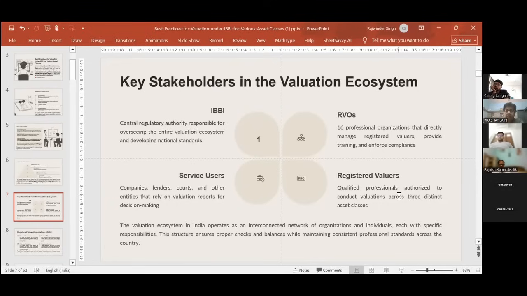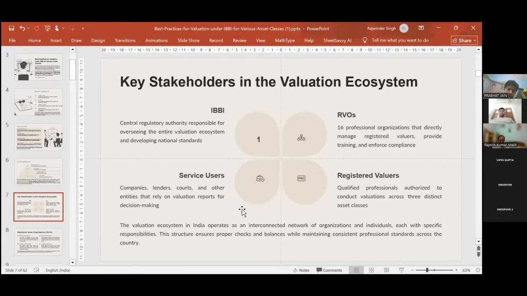All of us are registered valuers, and these are qualified professionals who are authorized to conduct valuations across three distinct asset classes, and all of these three work for the service users. Service users are companies, lenders, courts, and other entities that rely on the valuation reports for decision making, which are being done by registered valuers.